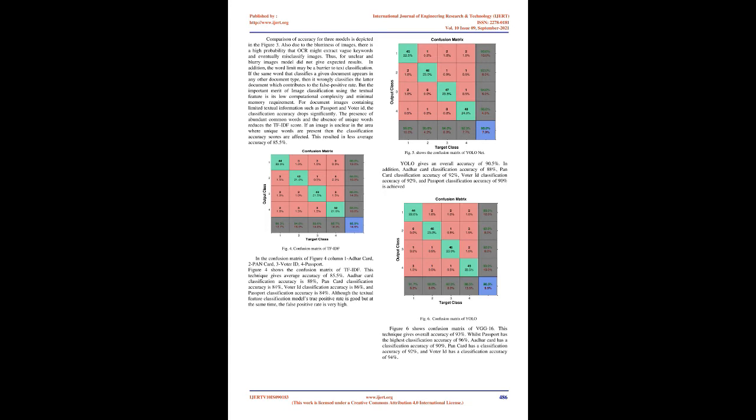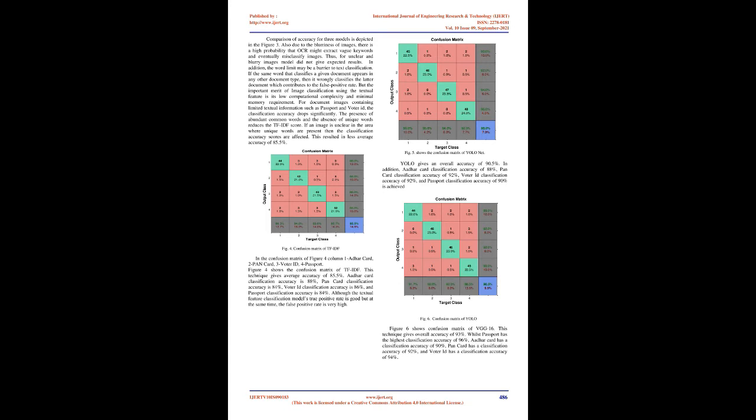Experimental results and discussion. In the present work, TF-IDF and deep convolutional networks have been implemented for document image classification. We tested document image classification methods on a collection of 600 documents. These documents are pre-processed and then converted into the required format.